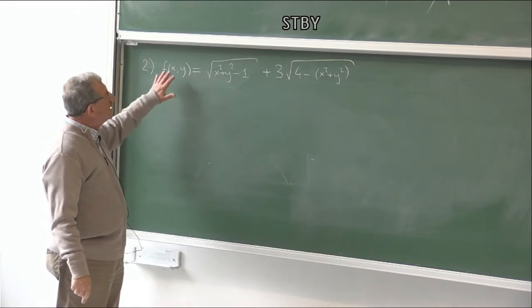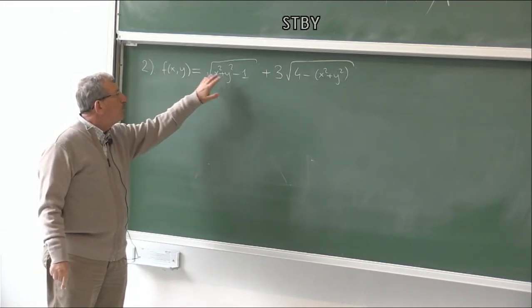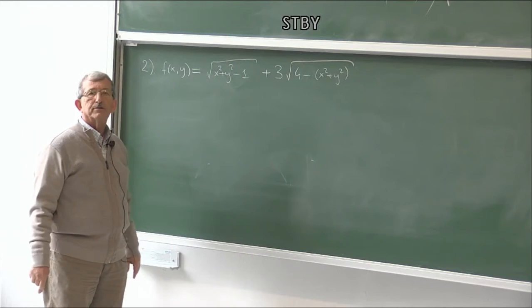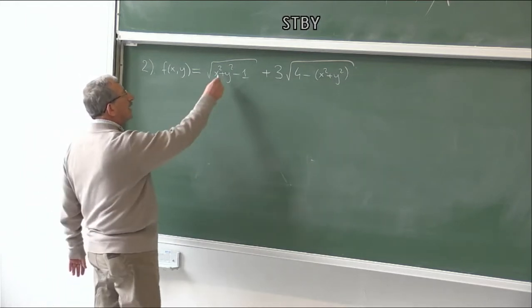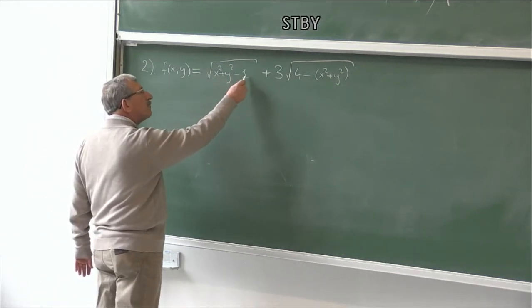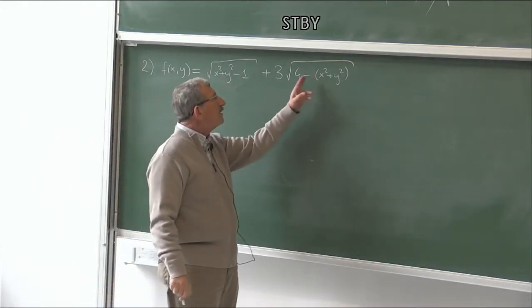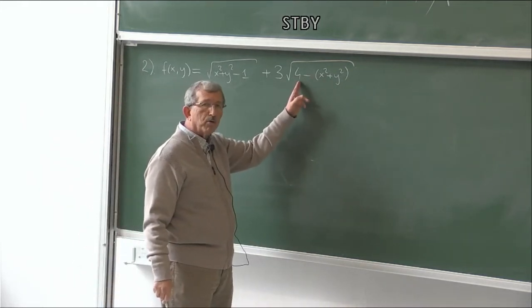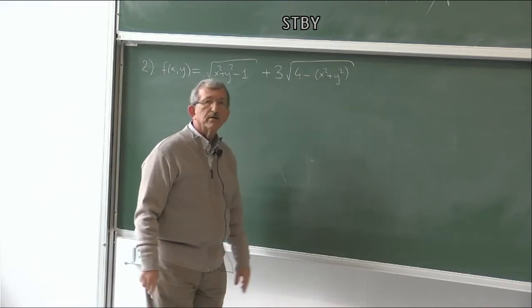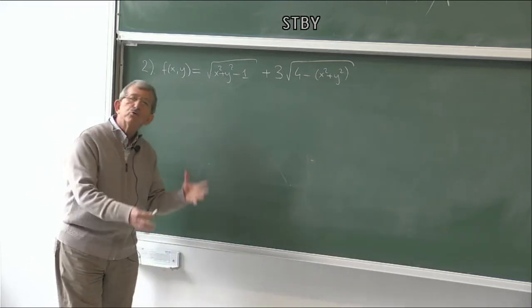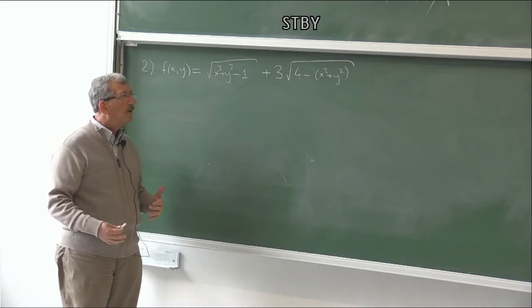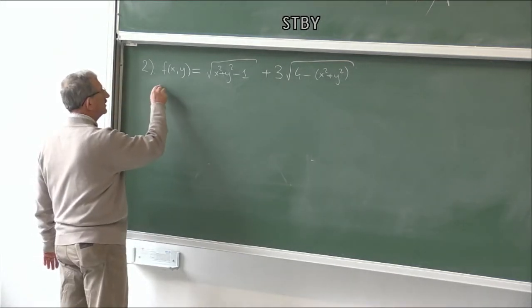Well, which number pairs can you put in this square root like this? Clearly, x squared plus y squared must be greater than or equal to 1. And at the same time, it must be smaller than 4, because otherwise, the inside part of one of the roots will be negative.